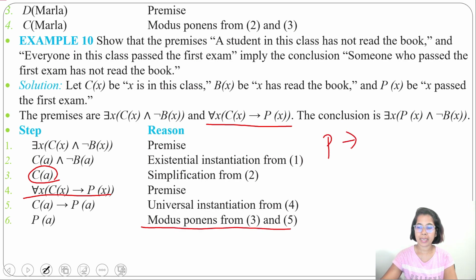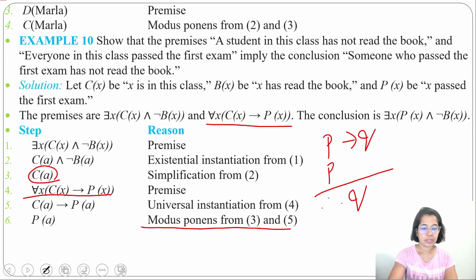If P implies Q is true and P is true, then Q is also true by modus ponens. So C of a implies P of a is true, and C of a is true, so P of a is true. a is a student who is in this class and a also passed.